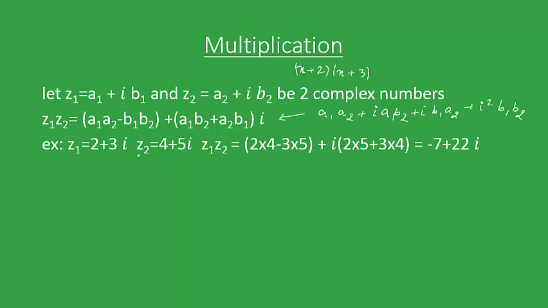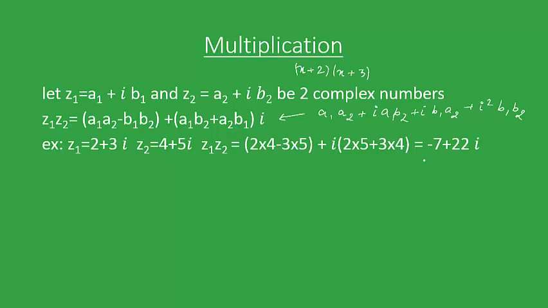So let's work out a simple example. Say z1 is equal to 2 plus 3 iota and z2 is equal to 4 plus 5 iota. Then z1 z2 is equal to, just compare it with the standard form and simply put in the values: a1 a2 minus b1 b2 plus iota times a1 b2 plus b1 a2, to obtain -7, which is 2 into 4 minus 3 into 5, plus iota times 22, which is 5 into 2, 10, plus 3 into 4, 12.